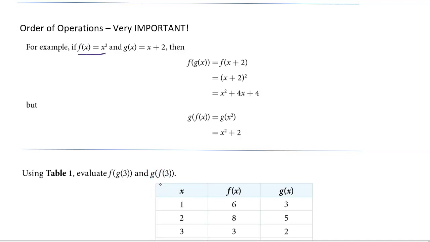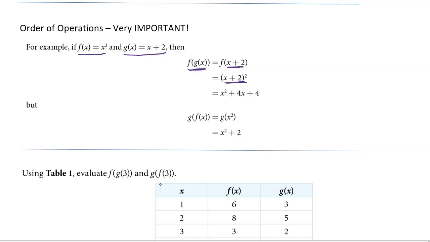They're giving you an f of x function of x squared and a g of x function of x plus 2. The first example here is where they're showing you f of g of x. So they're taking the g of x function, which is x plus 2, and putting it inside the f function, which is x squared. And then you have x plus 2 squared, as you can see here.